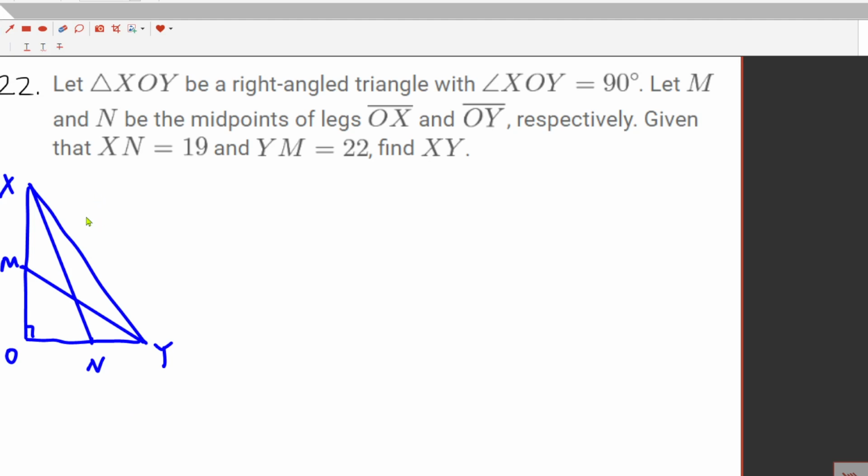Okay, sometimes in order to facilitate our discussion, it's better to use some small letters to denote the segments. So we can let, for example, OX be x and OY be y. So we'll probably need this length.